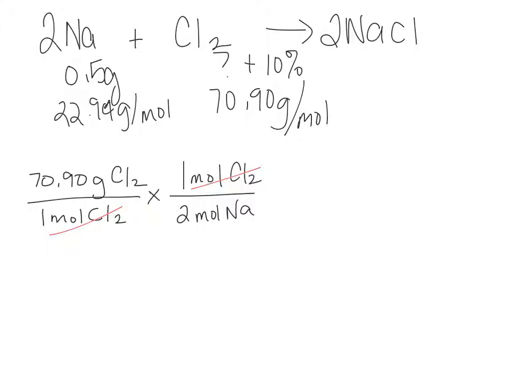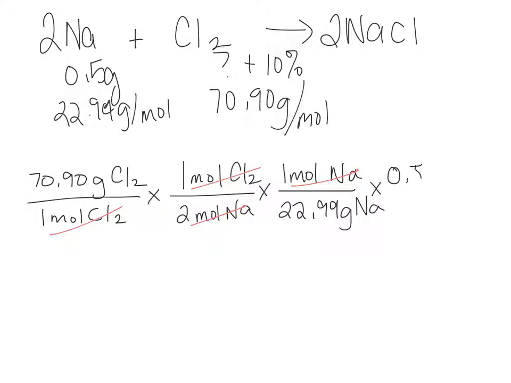To get rid of my moles of sodium, I need to use my molar mass of sodium because it has mol Na. Now I've gotten rid of my moles of sodium, but I've introduced grams of sodium. Got to get rid of those. So I'm going to multiply by 0.50 grams of Na.